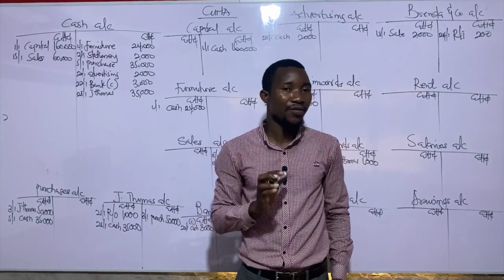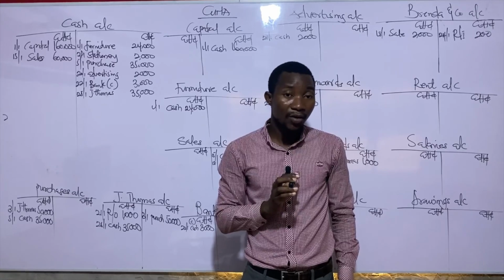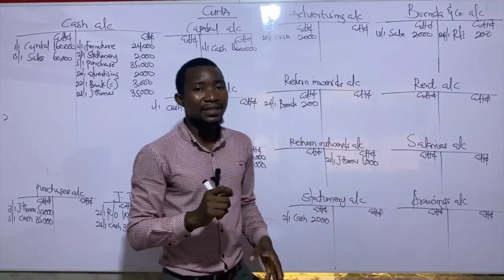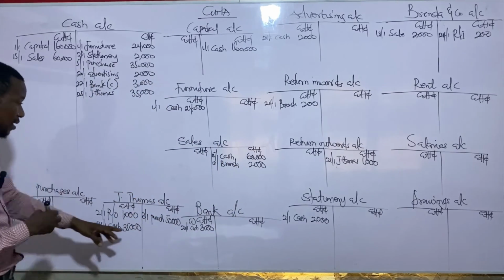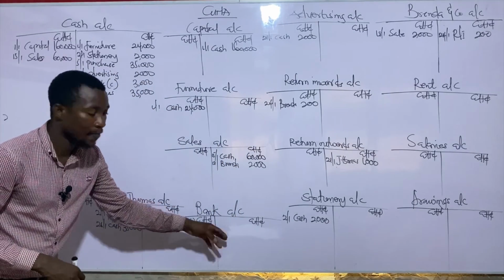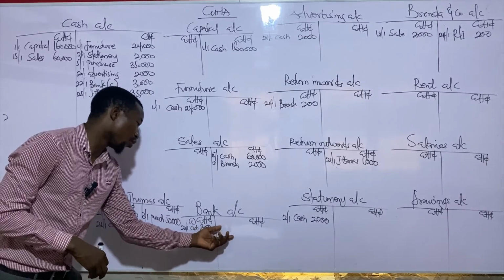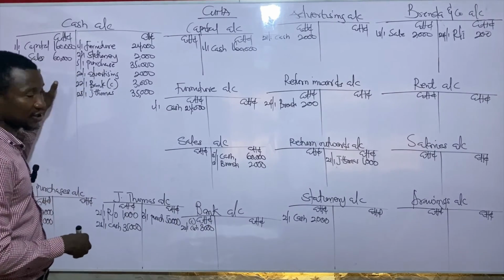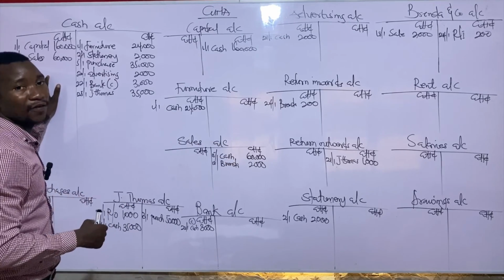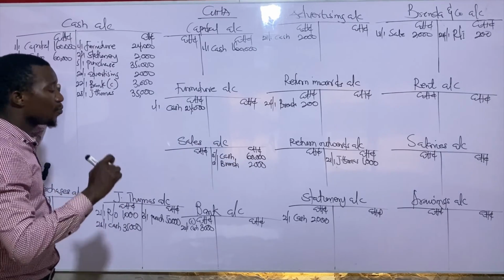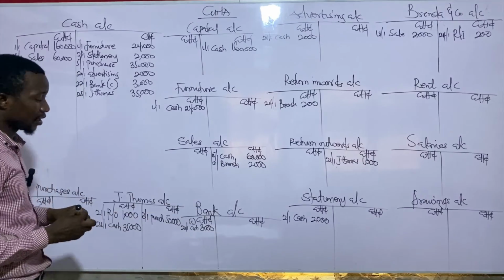So that is not a drawings. Is that okay? So it means that the owner of the business withdraw 1,000 from the bank for business use. So when the money is being withdrawn from bank, it will be added to cash in hand before the money will be used to pay for any other expenses. So that will be a transaction between bank and cash again.